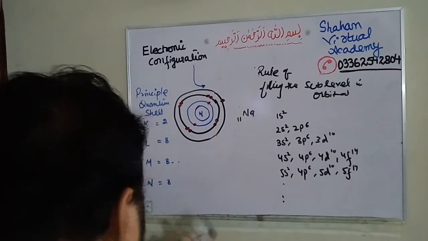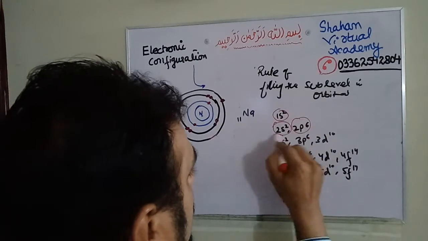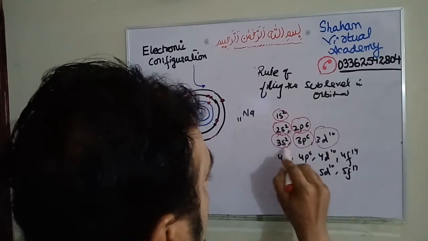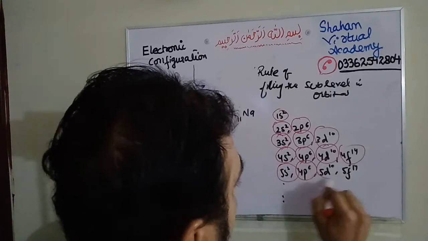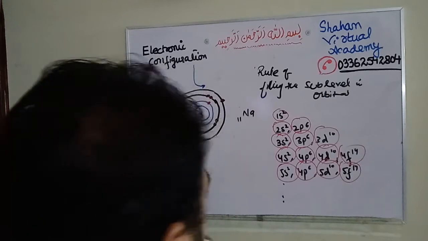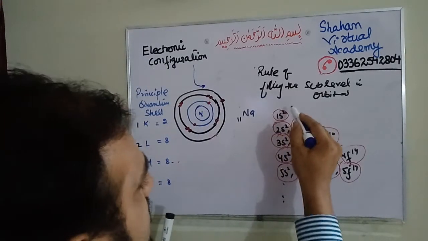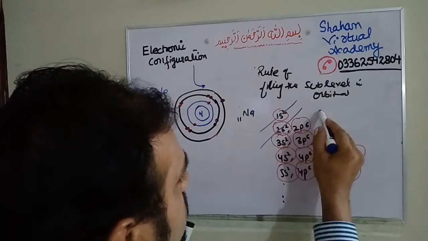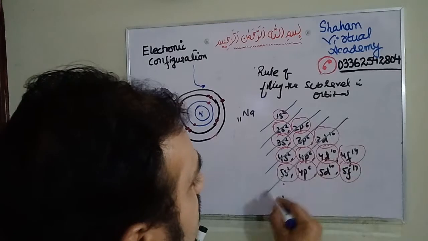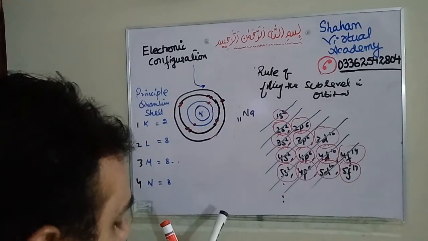Now we draw a circle around each one. Then we mark the arrows. Let's suppose we mark seven arrows.